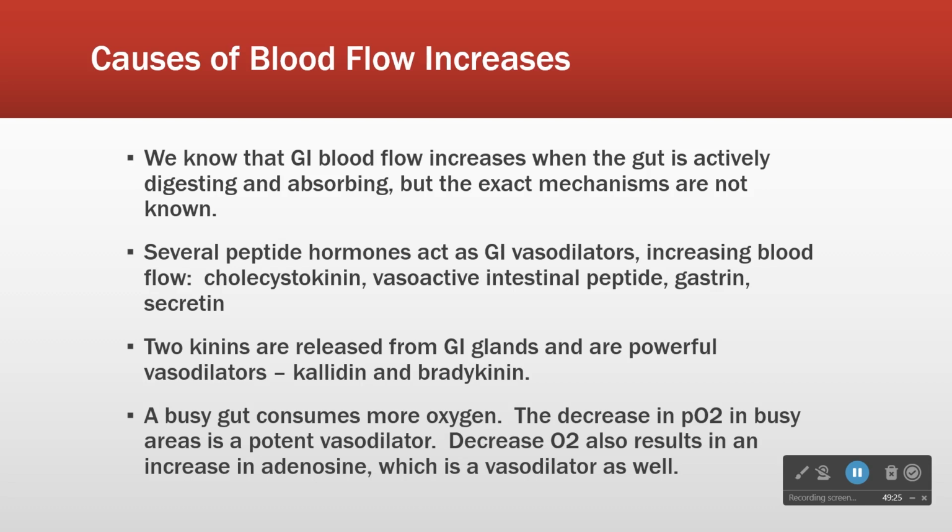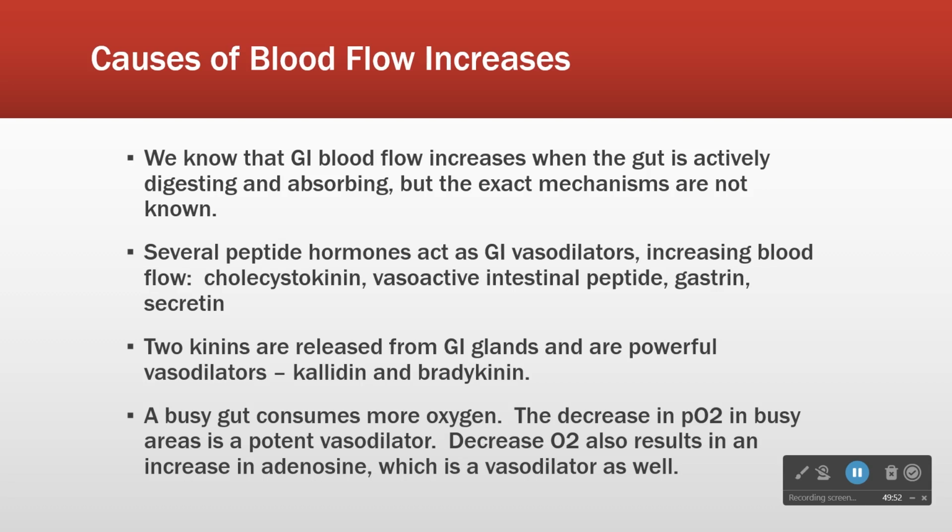Two kinins from the GI glands, kallidin and bradykinin, are produced by some GI glands. They are also powerful vasodilators. So we have a number of effectors here. We know the players, but we don't know the system diagram, so to speak, of what makes this and what makes this. So we have to keep it a little more vague.